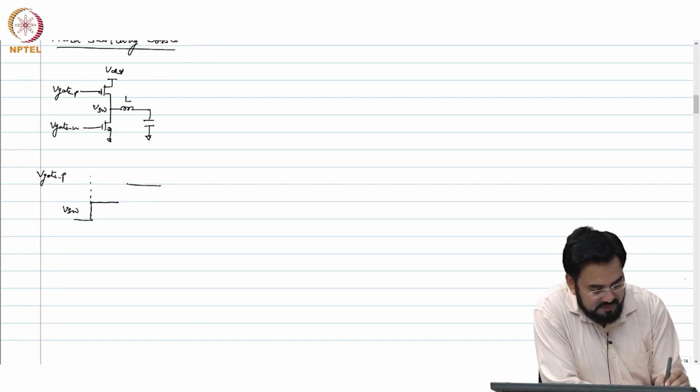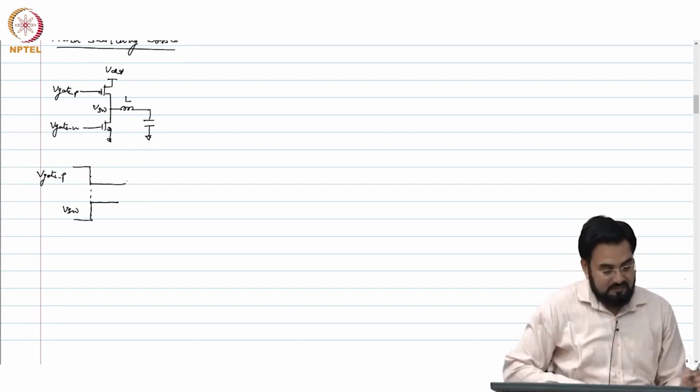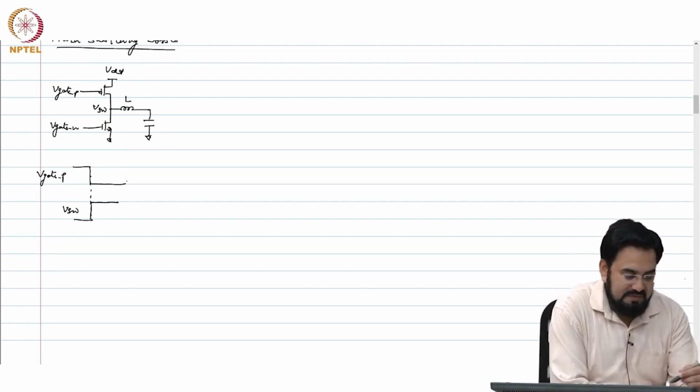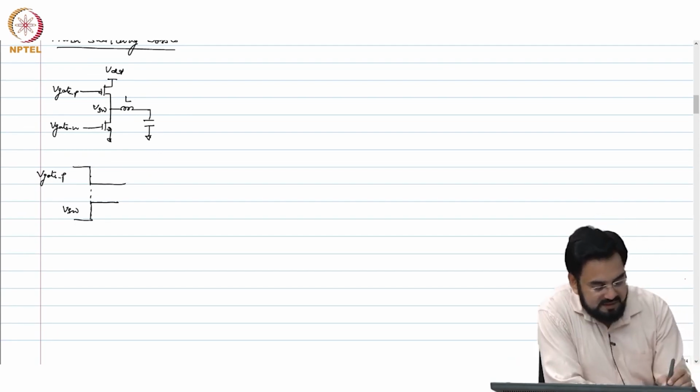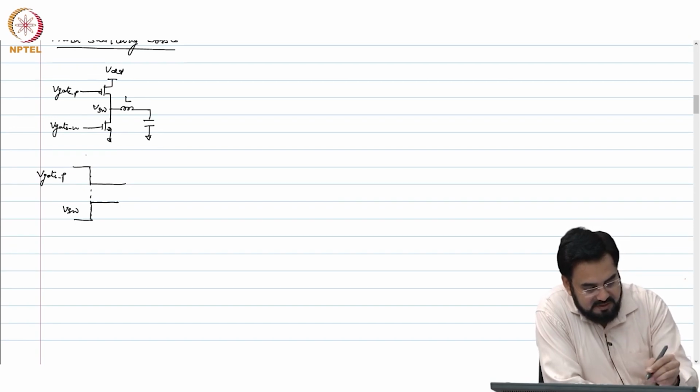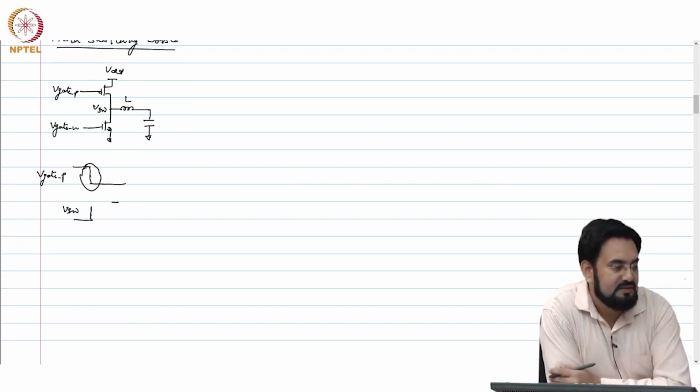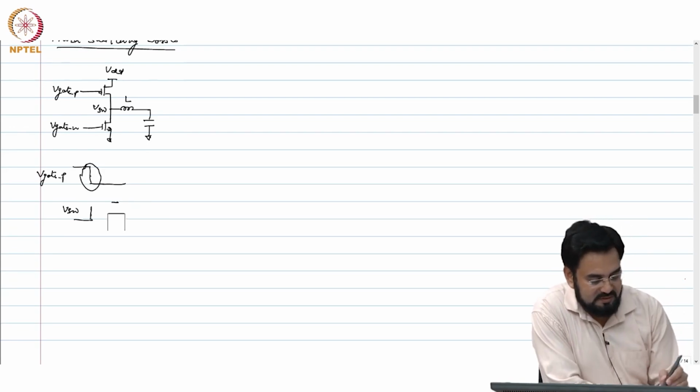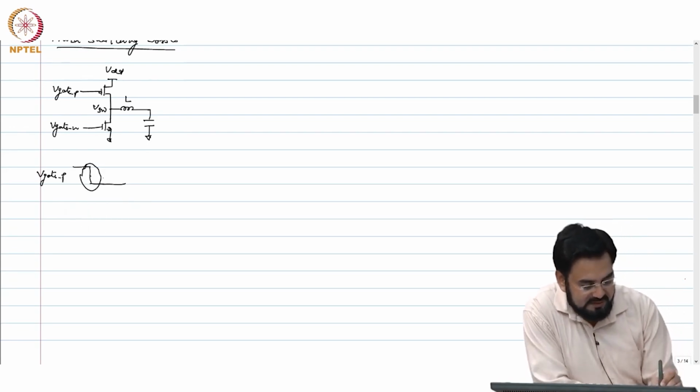This will go low here. That is how we usually write it, but if we zoom in on this portion, how will it look? Let me expand this here.